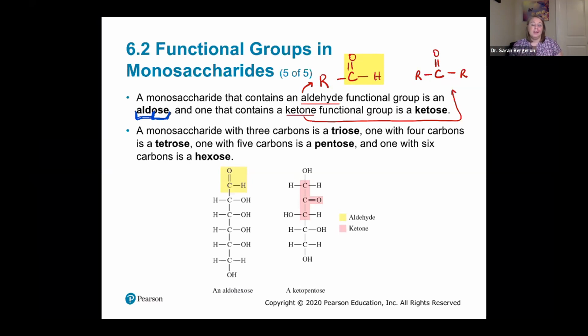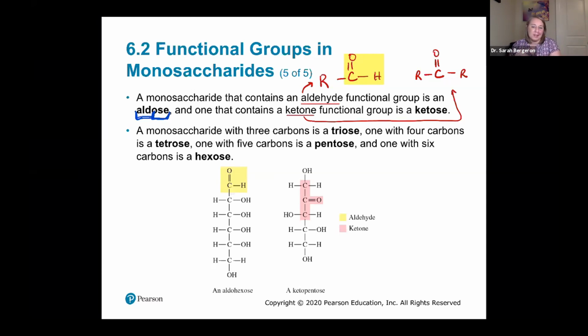Now, a lot of times it's really, really important to tell how many carbons are inside of that sugar. That's what we just talked about in the last section, that we need to know how many carbons are in there. So if we look at a monosaccharide that has, let's say, 3 carbons, that is going to be a triose. And then you're going to combine the two: knowing what the functional group is, knowing how many carbons it is, and then putting the ose on the end.